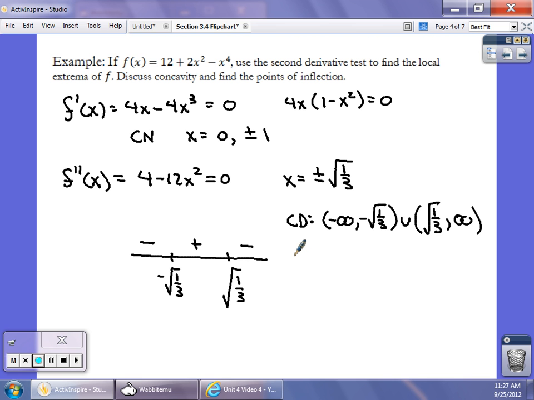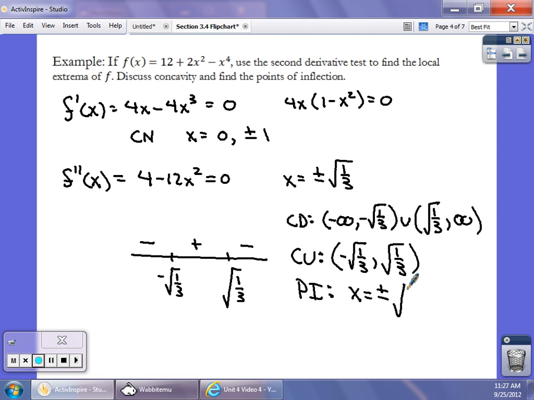The graph is concave up on the interval from negative square root of 1/3 to positive square root of 1/3. And we have points of inflection at x equals plus or minus the square root of 1/3, because the concavity changes there.